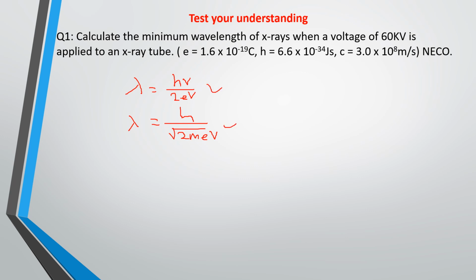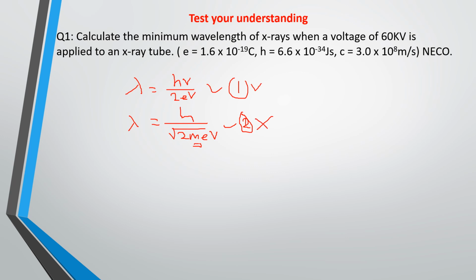There's one variable that is not present in this question, and that is the mass of the particle. So this one you will not use; the other is what you will use to solve this problem.